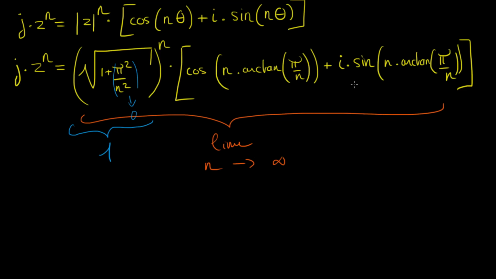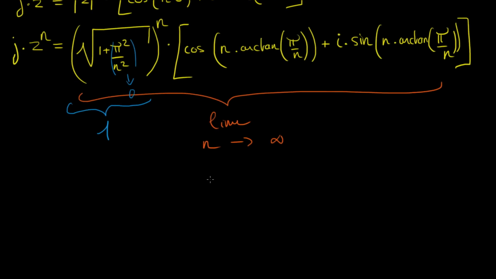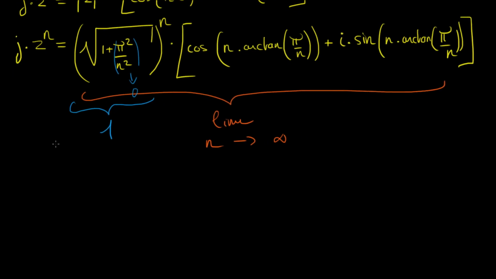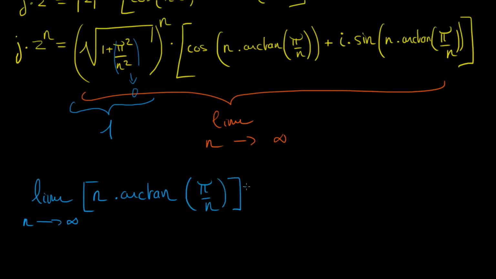Now to solve this part, we first need to know that the limit as n goes to infinity of n times the arctangent of pi over n is actually equal to pi.